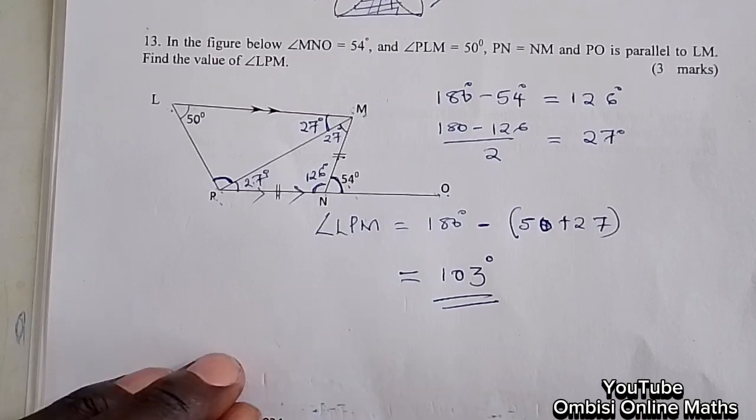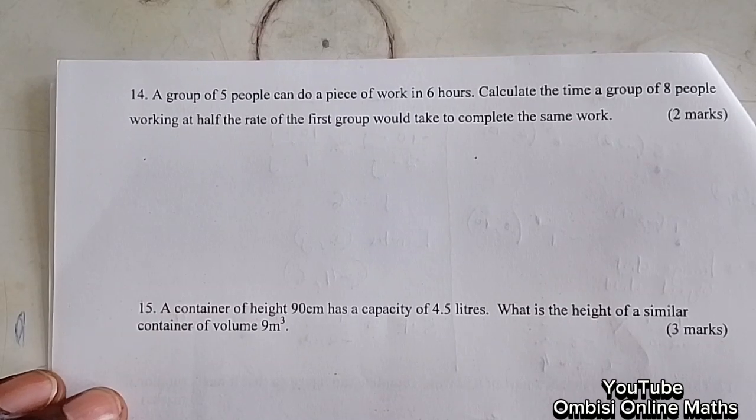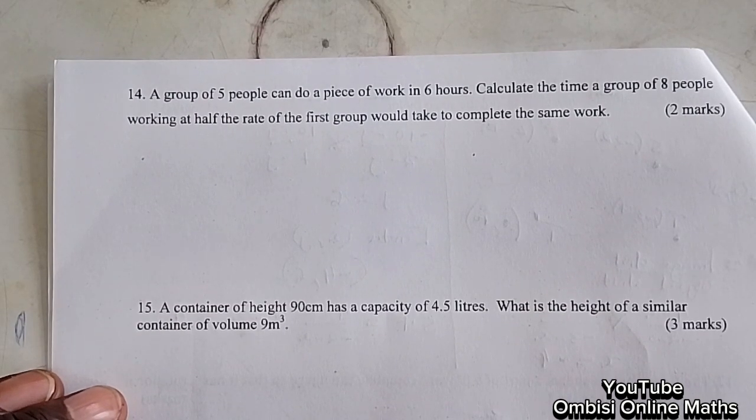Now, let us look at question 14. 14 says that there is a group of people that can do a piece of work in 6 hours. So how long will it take 8 people, but now they have reduced the rate of working to a half, to complete the same piece of work?